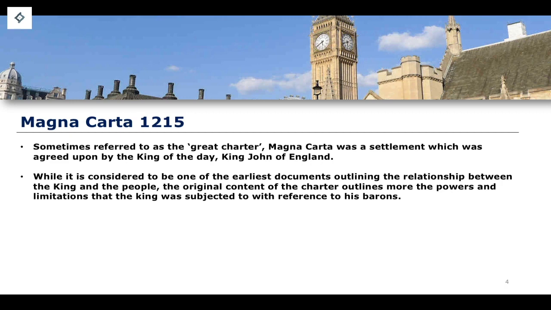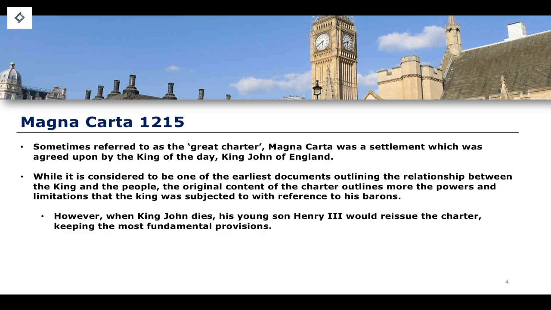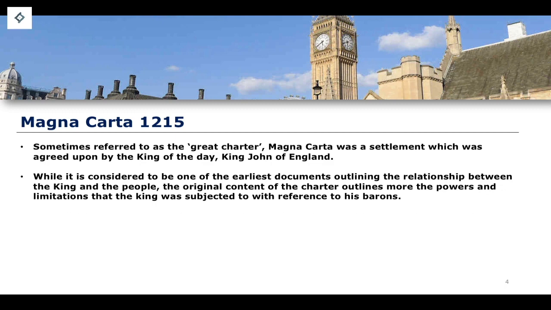Rather, it was the outlining of the powers and the limitation of powers that the king had and was subjected to with reference to his barons, so specific individuals within the nobility of England. So there was this huge class divide, which would continue and does continue to some extent to this day, between the lower classes within society and the higher classes, the members of the nobility. So this is what Magna Carta essentially does.